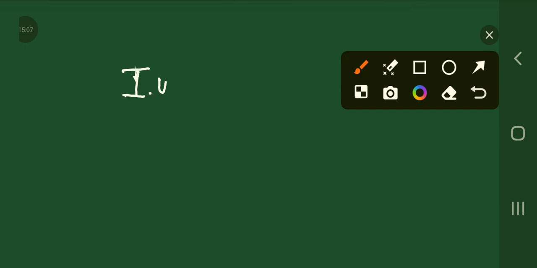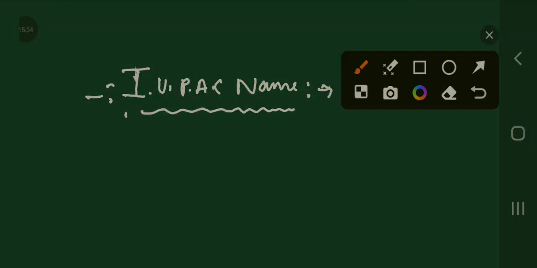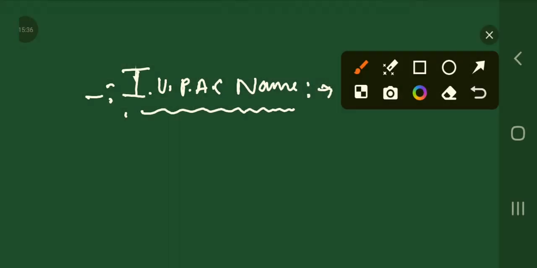IUPAC stands for International Union of Pure and Applied Chemistry. You can say that it is an association of chemists from all around the world, and every year they decide that whatever changes arise in the history of chemistry, we have to follow. In a simple way you can say that it is the international naming system.